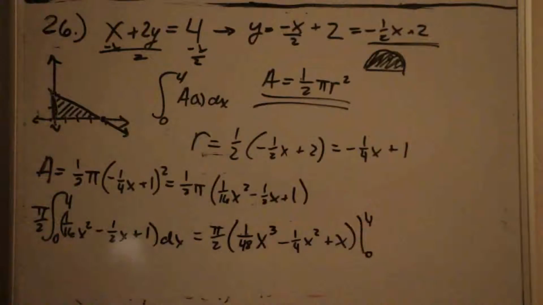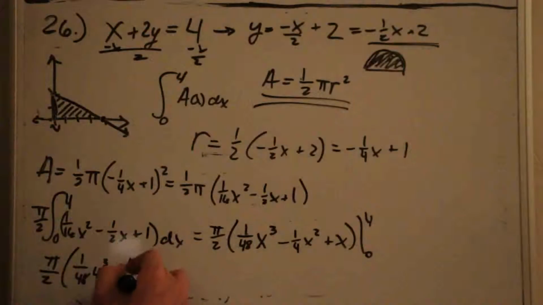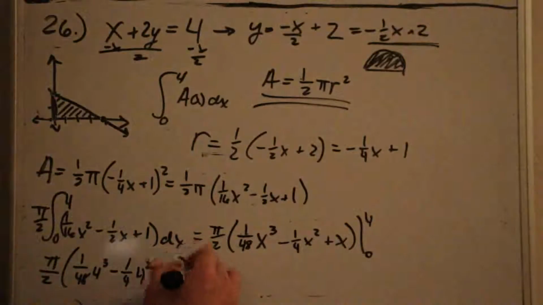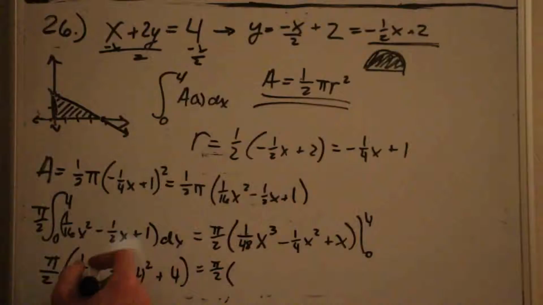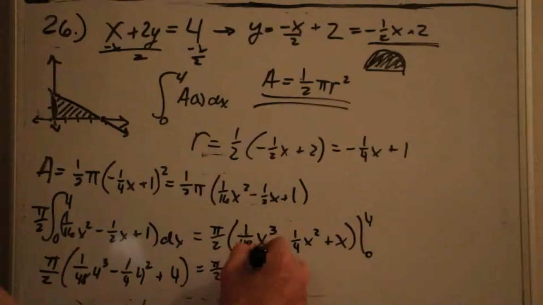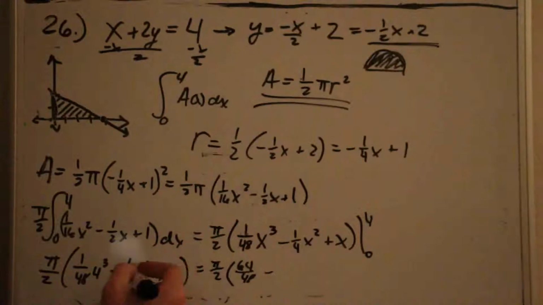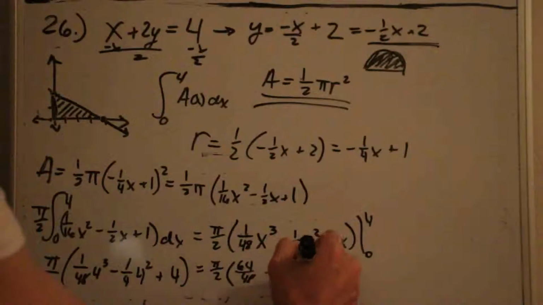Fortunately, we're doing it from 0 to 4, so all we have to do is plug in 4, because 0 is just going to cancel out. So we get pi over 2 times 1 over 48 times 4 cubed, minus 1/4 times 4 squared, plus 4. 4 cubed is 64, so it's 64 over 48, minus 16 over 4 is 4, plus 4.